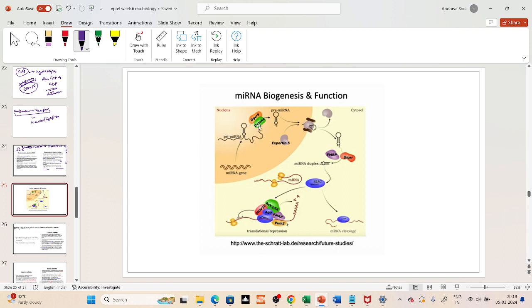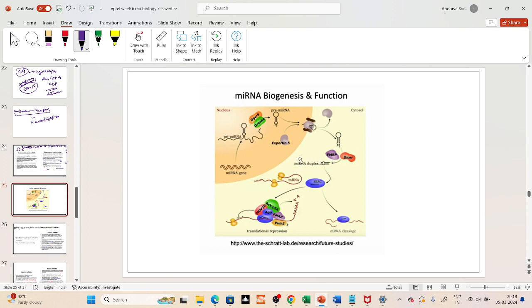First, Drosha will act in the nucleus, and then this pre-miRNA is transported to the cytoplasm in a RAN GTP manner. Now in the cytoplasm there is GAP, so GTP would be hydrolyzed, and then this pre-miRNA is again acted on by another RNase, which is known as Dicer. Dicer will again cleave it and form a 22 nucleotide miRNA duplex.